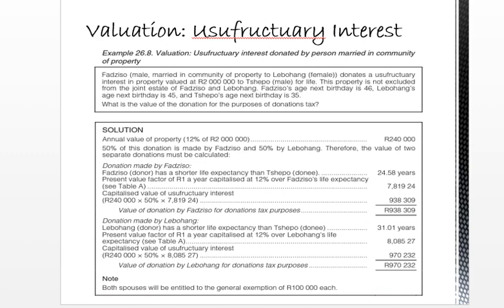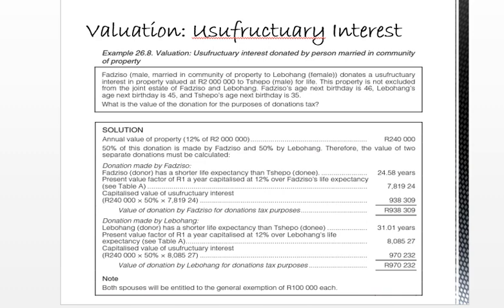So this we're going to multiply by 240,000 rand, which is the value of the property, and the 50% interest because he's married in community of property with Lebogang. So the value of donation by Fadizo for tax purposes will then be 938,309 rand.